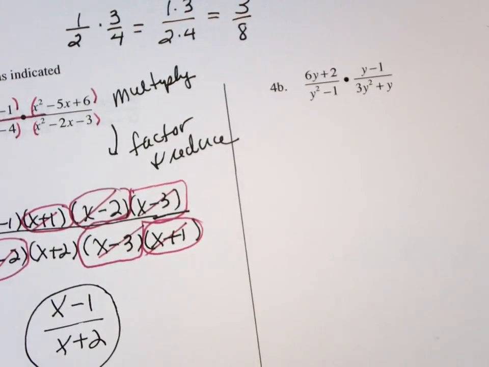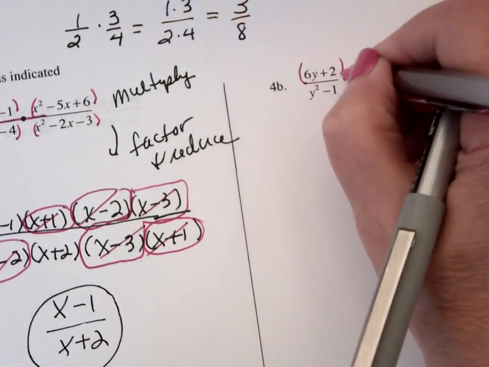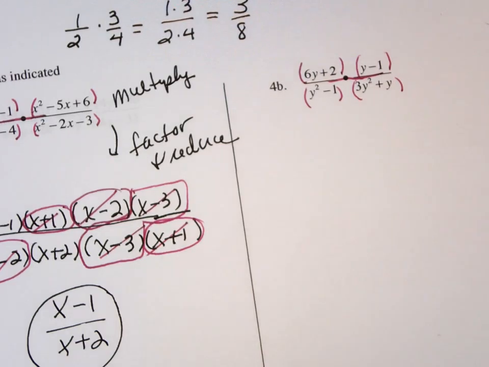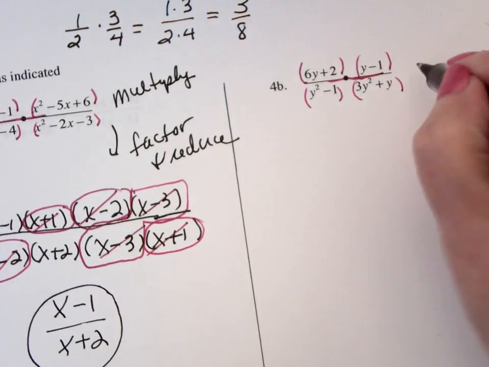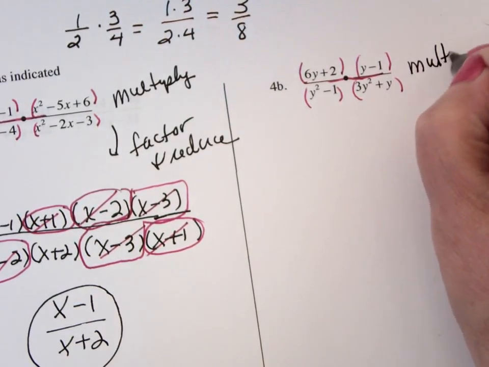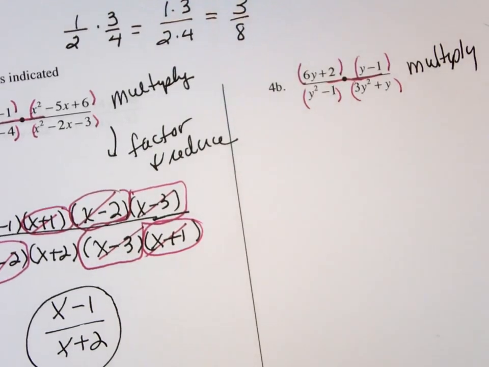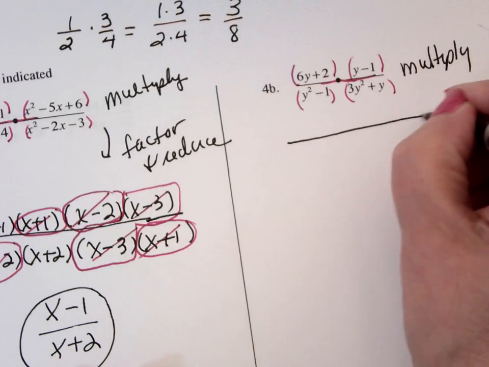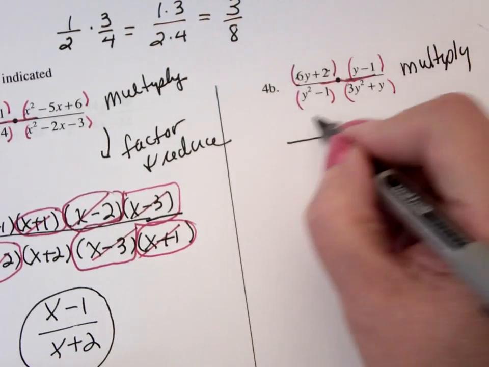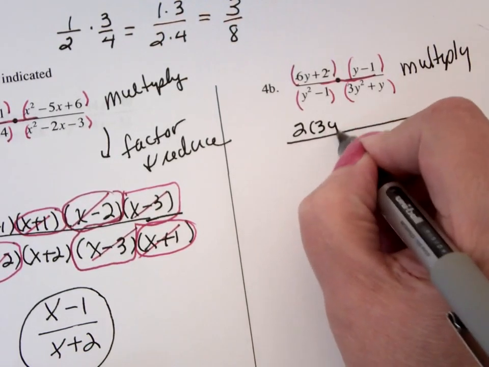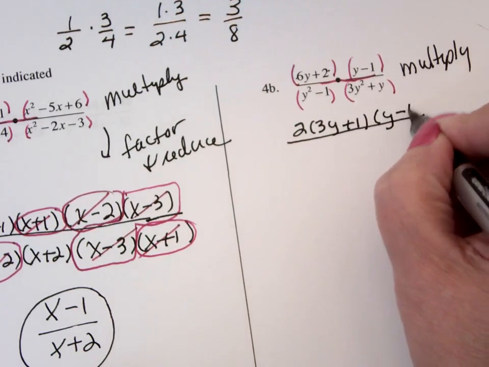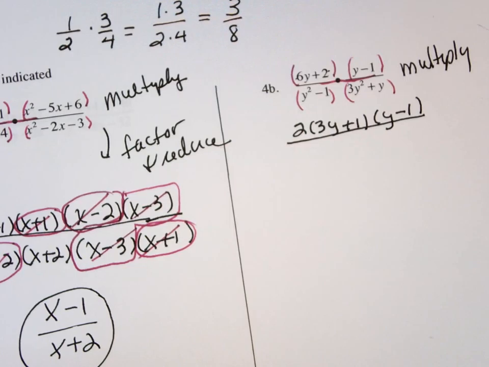Same thing is going to happen here. This is a grouping, this is a grouping, this is a grouping, this is a grouping. And when I multiply it, it turns it into a single fraction. So multiply. So as a single fraction, greatest common factor is 2, 3y plus 1, and then y plus 1 is already lowest factored form.